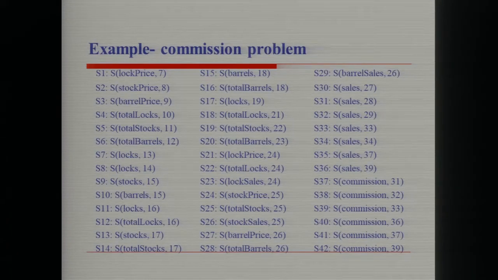Now, given the commission problem, if you remember, what is the commission problem? The problem where a particular salesperson goes around the city and sells 3 components of the rifle: lock, stocks, and barrel.